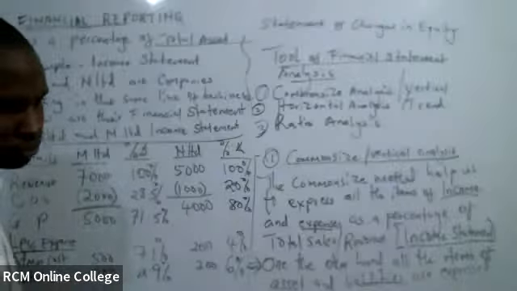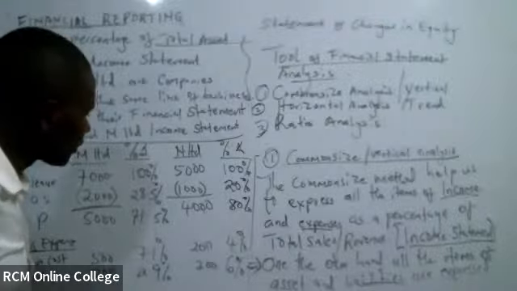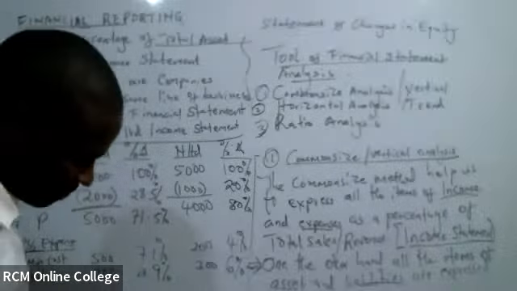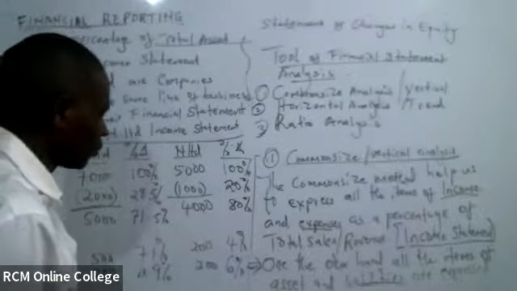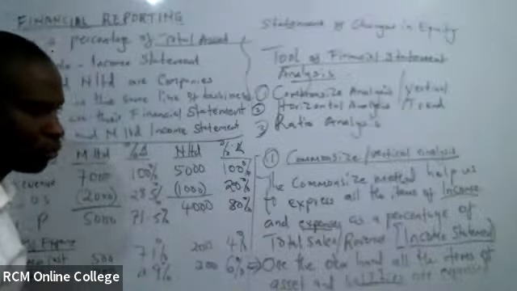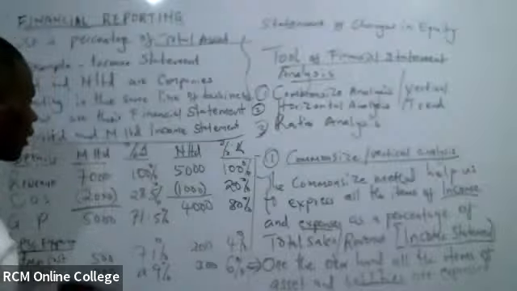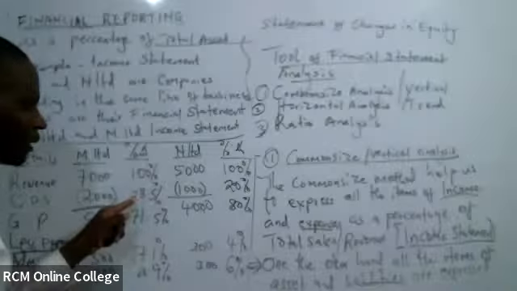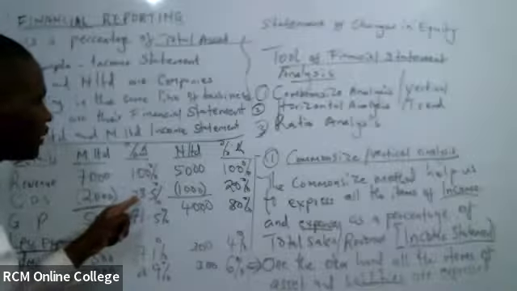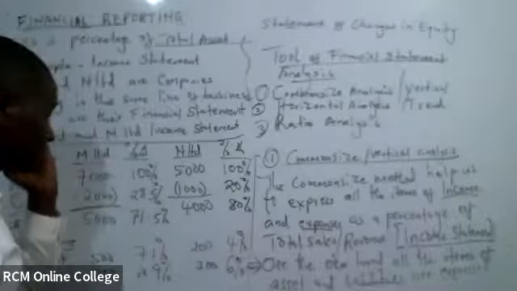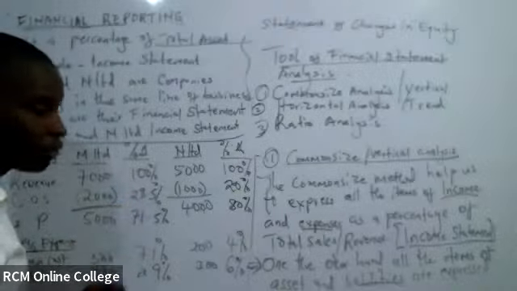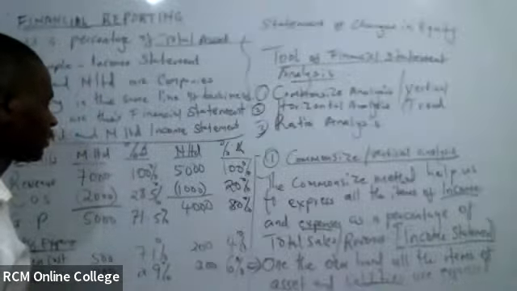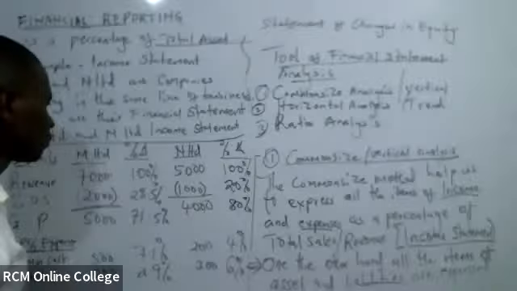If you look at the two companies, if you want to consider the cost of sale that was used, company M used more cost of sale. In fact, 28.5% of this is used as the cost to do what? To purchase item, to be sold.